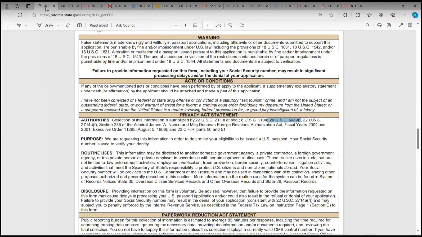Now going back to the passport application, with the understanding of who it applies to, now we're going to ask who is eligible to get a passport. So we're going to go under 22 CFR Part 50 and Part 51.